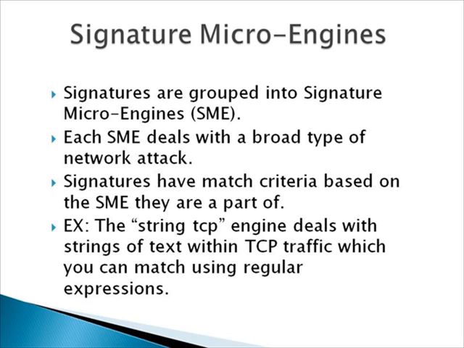Each one of those signature microengines and the signatures that are grouped underneath those umbrellas have their own criteria. Obviously, something that's looking for sweeps or floods is not going to match the same criteria as something that's looking for a string of text or a single packet. So again, these signatures, when you go in and look at them, they have different criteria depending on the signature microengine that they're a part of.